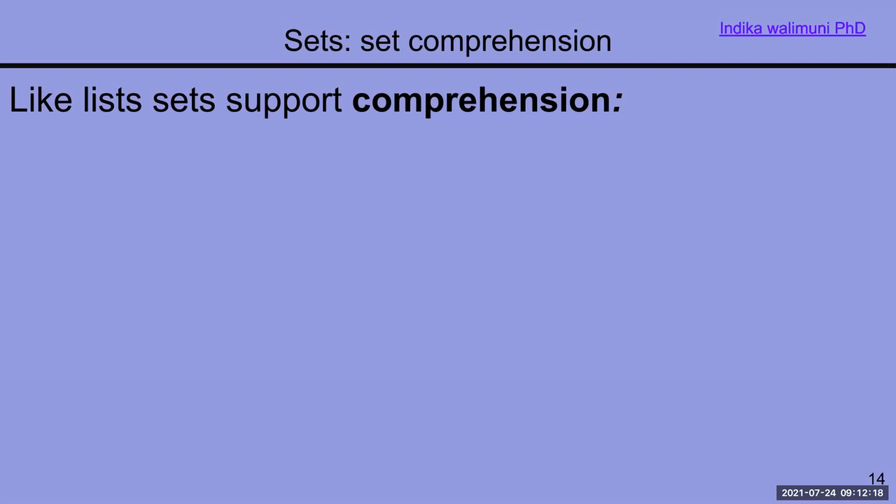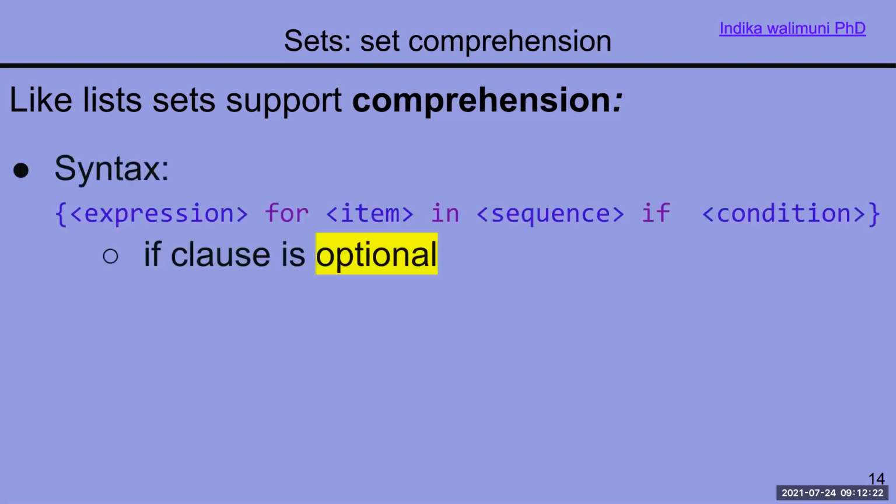Same syntax, similar in syntax. Instead of two square brackets, we have two curly brackets. That's all. We are creating a new set according to this expression. Every element of this new set is going to be created by running this expression.